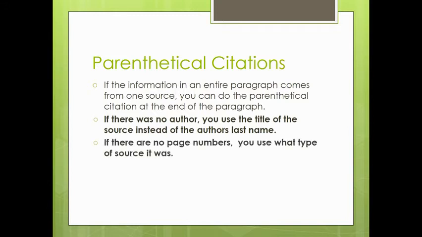If there are no page numbers, so for example, if you read an article online and there were no page numbers, then you would say what type of source it was. So for example, if I'm using information from the video Shakespeare in the Classroom, I would put in parentheses Shakespeare in the Classroom, which is the title of the video, comma, and then video. Okay.